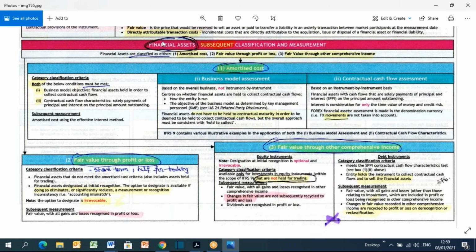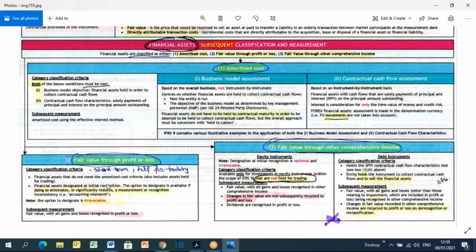But remember, this is just about financial assets, financial liabilities are on the next page. So amortized cost, fair value, and fair value. Now, you use the amortized cost method for a financial asset held to collect cash flows. If it is held for short term trading, then you use fair value through profit or loss. Why use fair value?